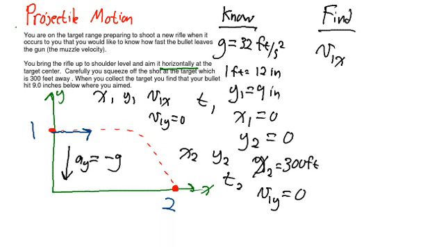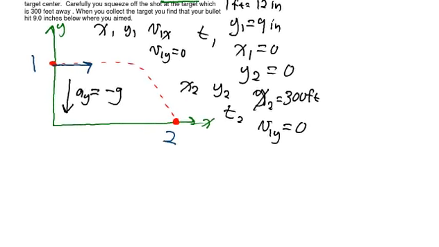We have kinematic equations at our disposal to use in solving this problem, and I think that we're going to need to find the time that it takes for this bullet to fall the known distance, so we can use that to find the velocity in the x direction. So we would want to use one of the equations that has the position in it, because that's what we know about in the y direction.